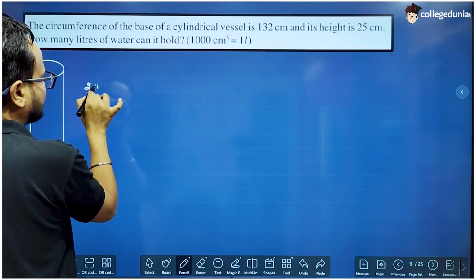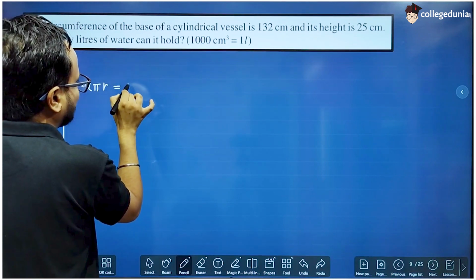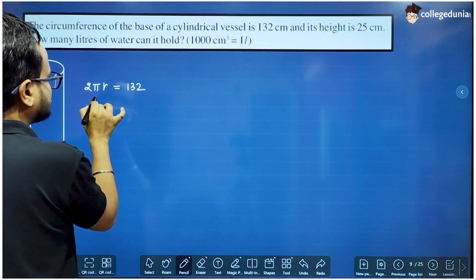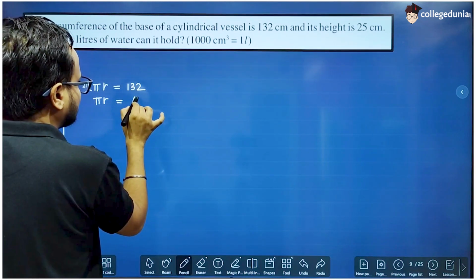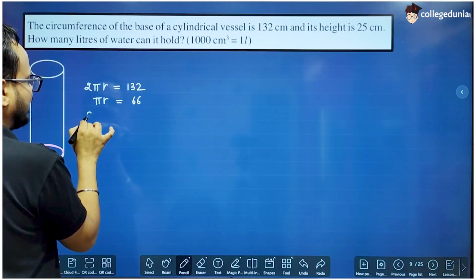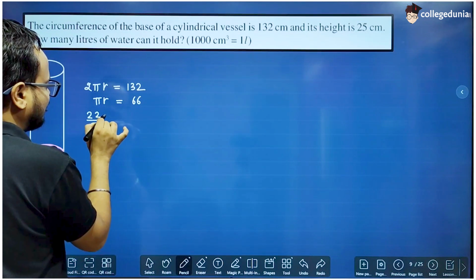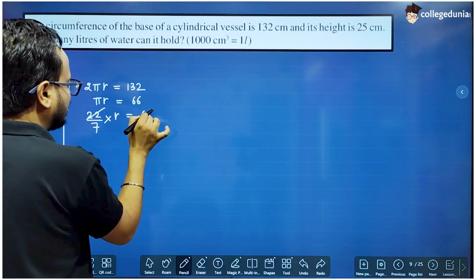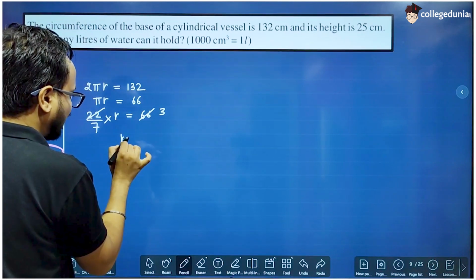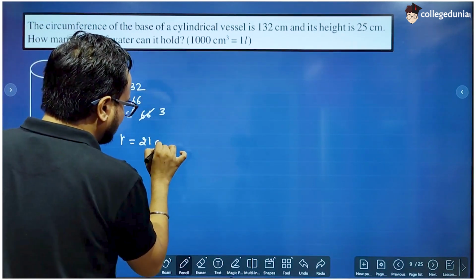The circumference of the base is nothing but 2 pi r, and 2 pi r is 132. So pi r is, dividing by 2, 66, and the value of pi is 22/7 into r, that is 66, 22 into 3, so r is 21 centimeter.